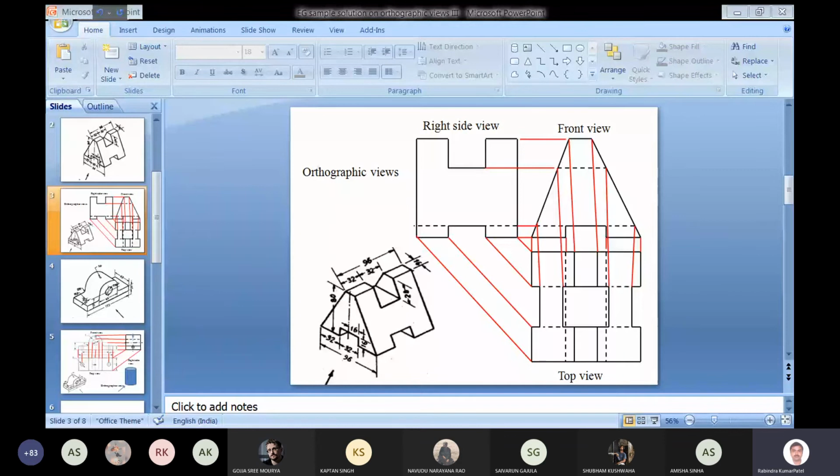With respect to this, the top view will be arranged with the line which is from the front view, in that orientation. This is the front view, so with respect to the front view, that is where the top view will be.